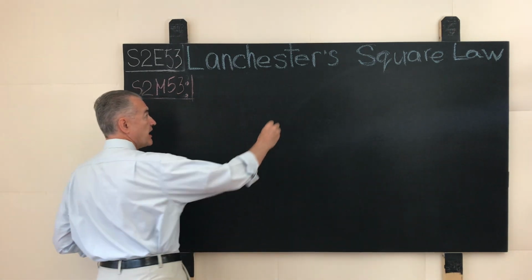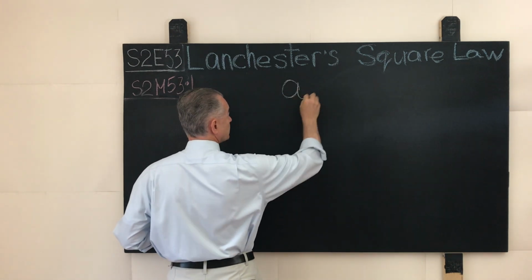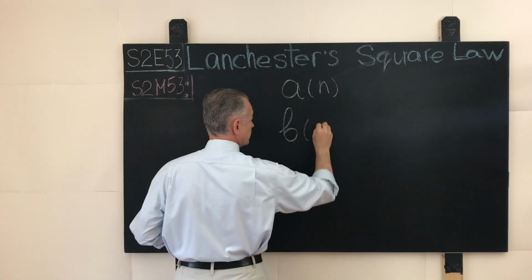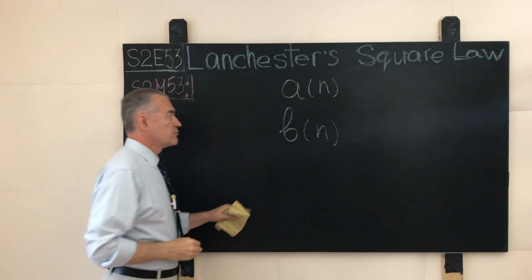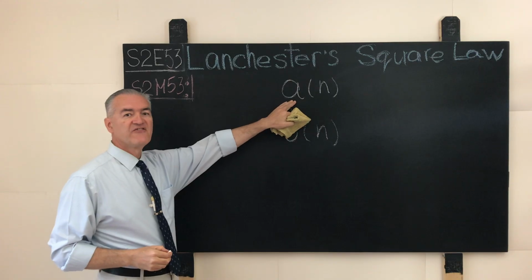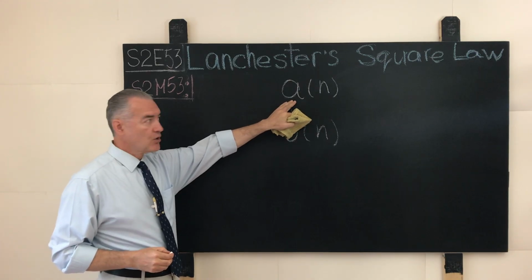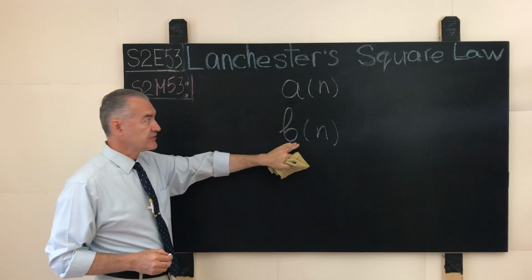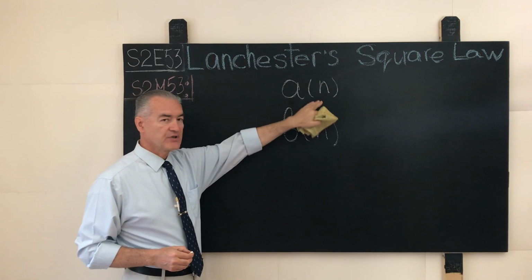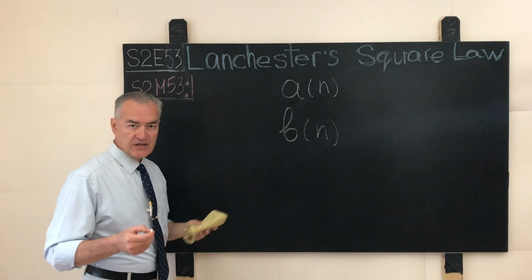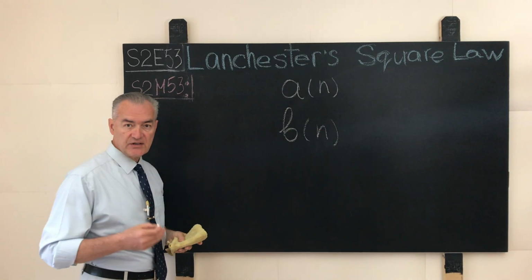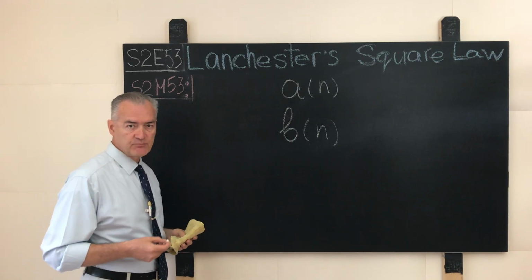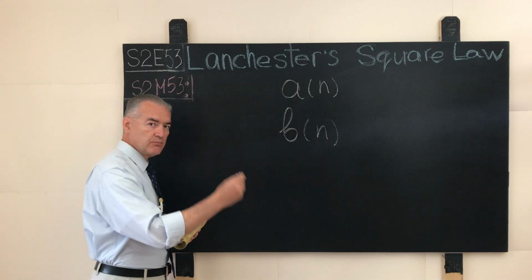We will let a_n and b_n represent the number of functioning fighting units of the army A and of the army B after n units of time have elapsed. And our definition of a functioning fighting unit of a given army is basically a fighting unit that poses a lethal threat to its opponent.